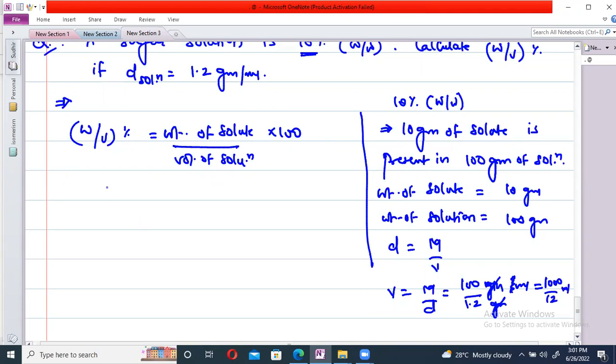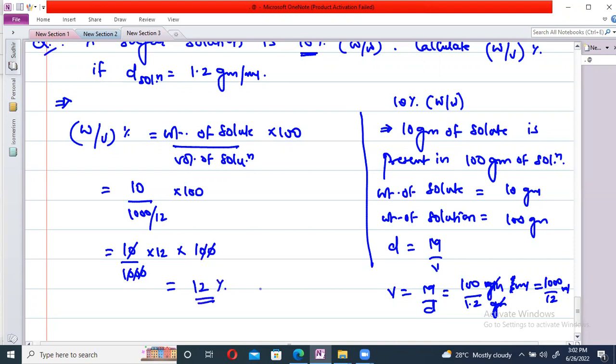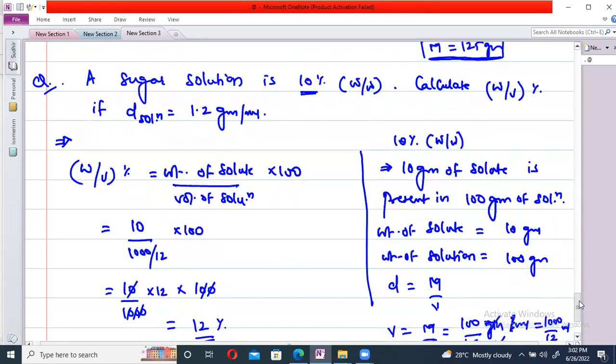So now weight of the solute 10, volume of the solution is 1000 by 12, into 100. We can write 10 by 1000, 12, 100. 1, 2, 3, 0 cancel. 1, 2, 3, 0 cancel. What we have is 12%, right? That is the W by V for this 10% W by W solution.